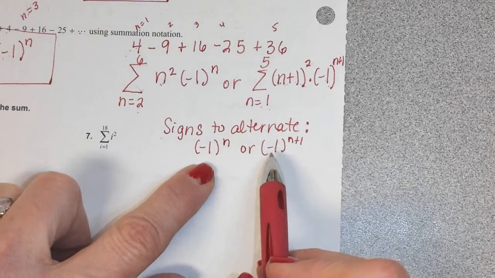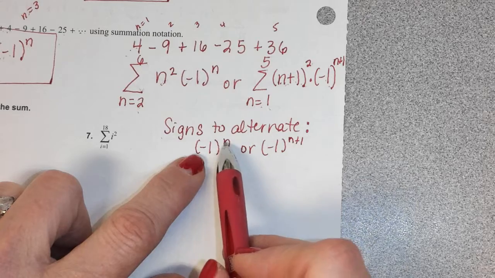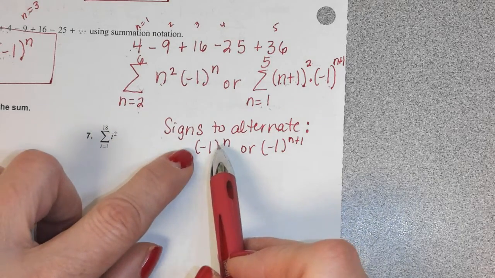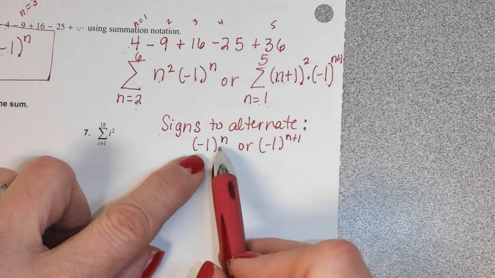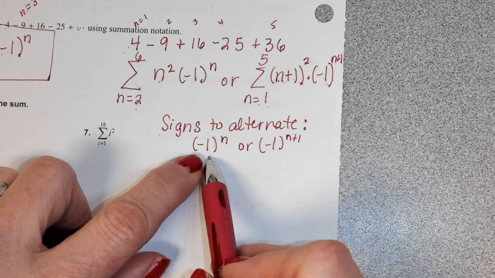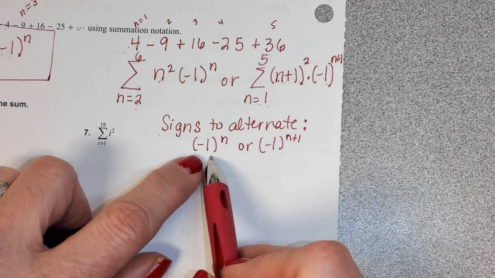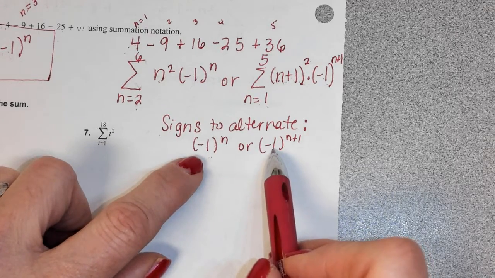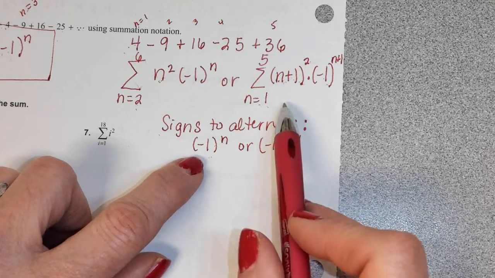Okay? In fact, we could even take this further. If we start off with -1 to the first, that's going to be if we wanted it to start off negative, right? Because -1 to the first is negative. And this would be if we wanted the first sign to be positive, because -1 to the second would be positive.